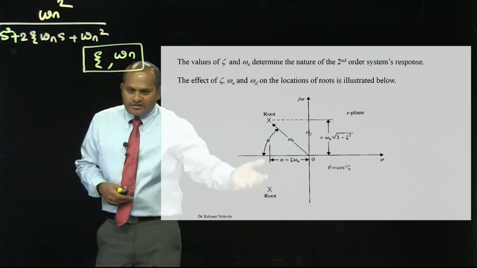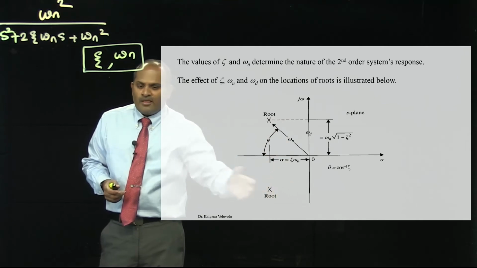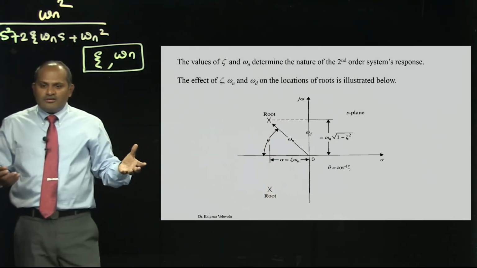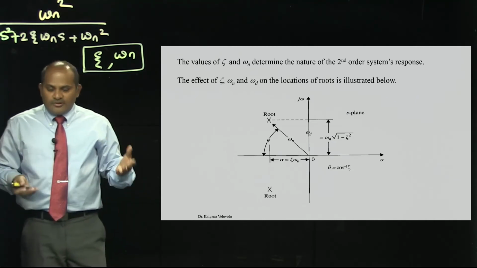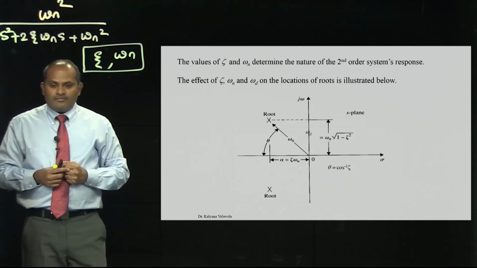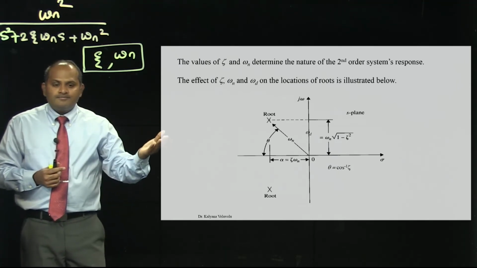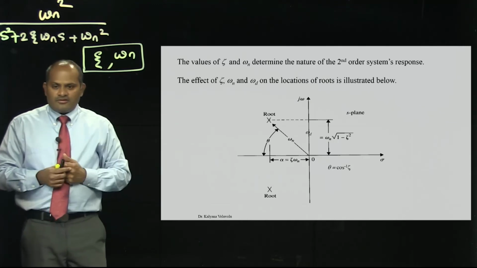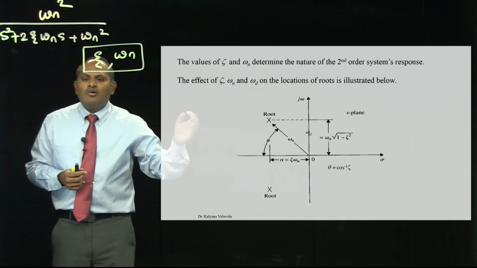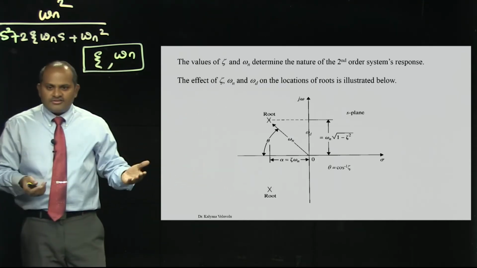Ferrari can provide faster response, Kia Morning will only provide slower response. Since the systems are different, properties are different, response will be different, characteristics will be different, eta and omega n will be different, and then the location of roots will be different. So for every system, they have a unique location of the roots. The location of the roots defines the system.